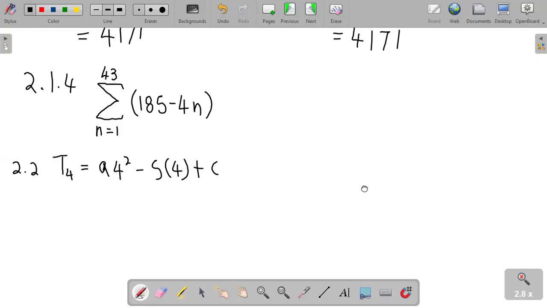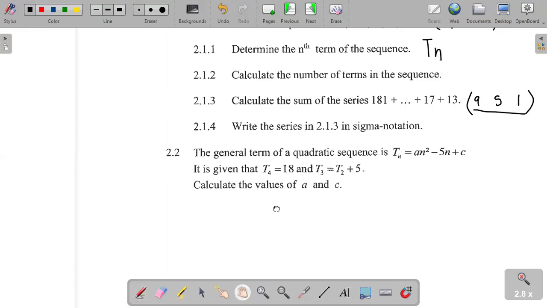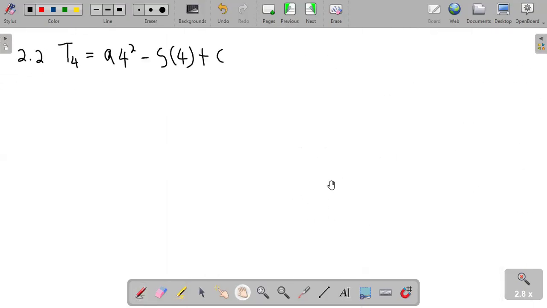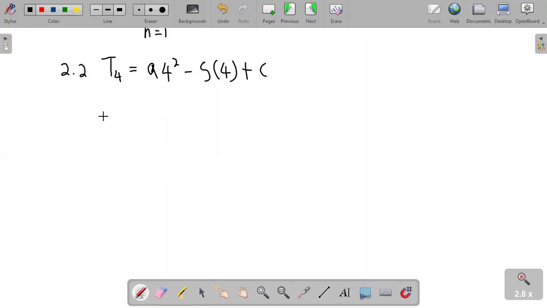So therefore 18 equals 16a minus 20 plus c. So it means therefore 38 equals 16a plus c.